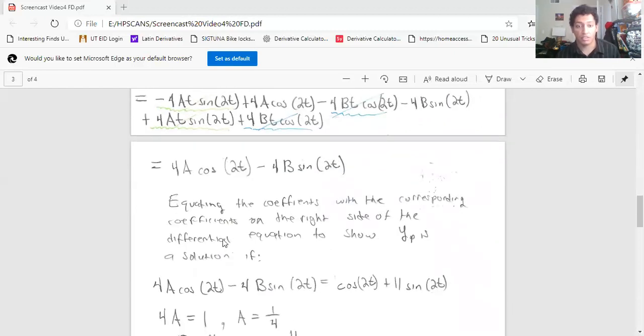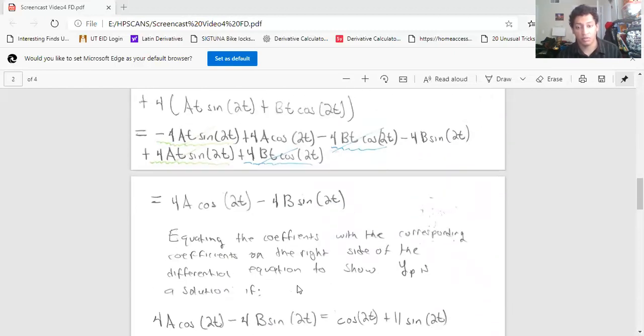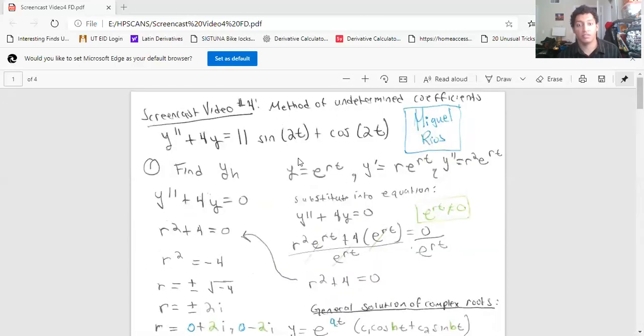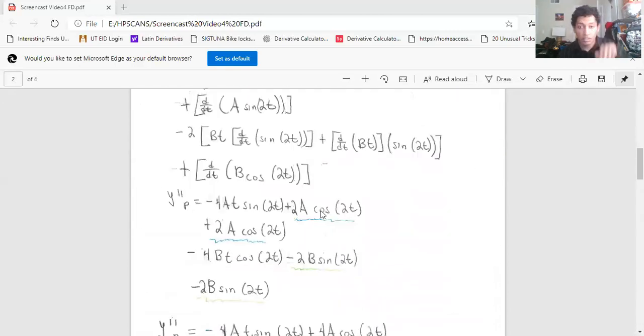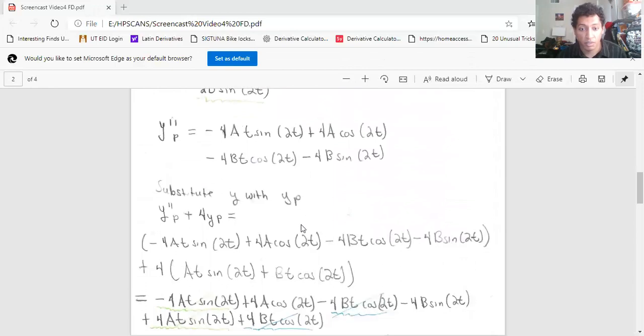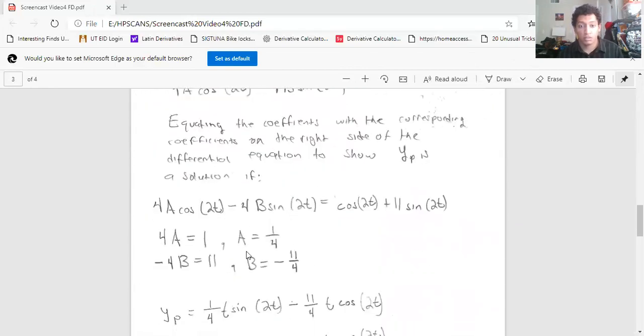You're going to equate the coefficients with the right-hand side of the differential equation and compare them. So you get 4a cosine 2t minus 4b sine of 2t equals cosine 2t plus 11 sine of 2t.